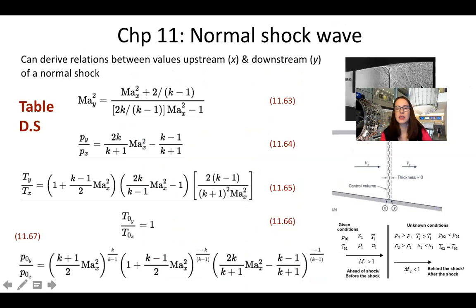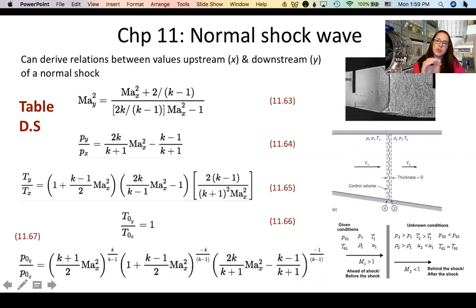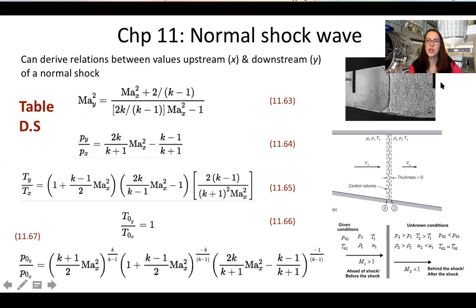All right. So we just looked at how to relate static to stagnation properties. We can also write down really similar relationships for the properties across a shock wave. So here's an actual normal shock wave visualized with Schlieren imaging. Then in the middle on the right, we've got a depiction, sort of a cartoon, of a normal shock wave.